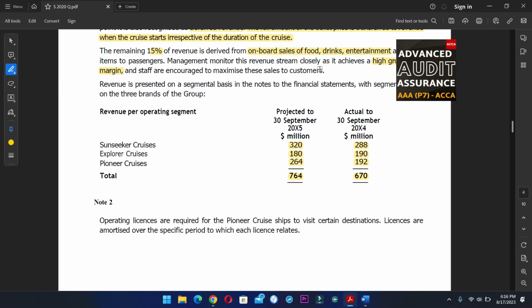And what else can we do? Let us look at the figures. Because see, we are provided with the comparable figures, we will make use of analytical procedures for this, right?